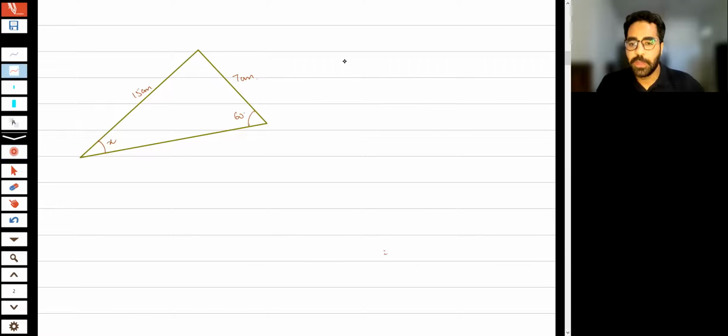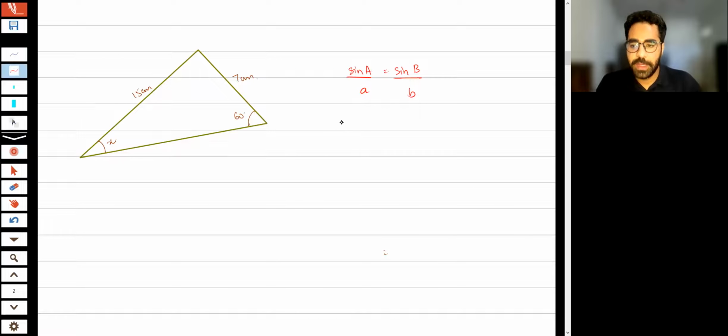So whenever I have to find an angle, what will I do? In order to apply the sine rule, I'll make use of the formula sine a over a equals sine b over b. Sine capital A would be the angle and this small a would be the side opposite to it.